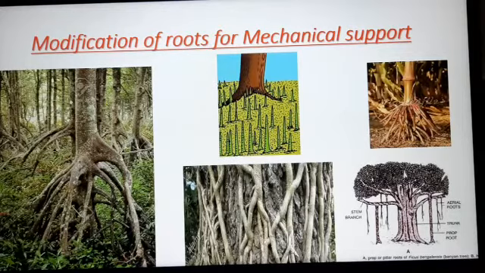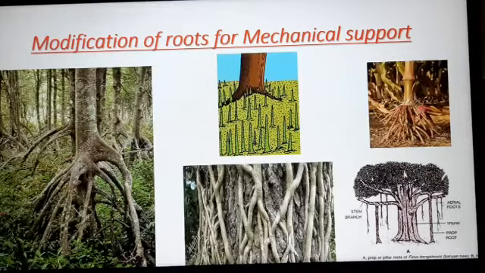For better support, some plants develop a small cluster of aerial roots from the lower nodes of the plant near the base, and they grow and support the plant. And this is also an example of the stilt root. Now you can see in the lower part of the plant the aerial root is produced, and this root helps for better support.